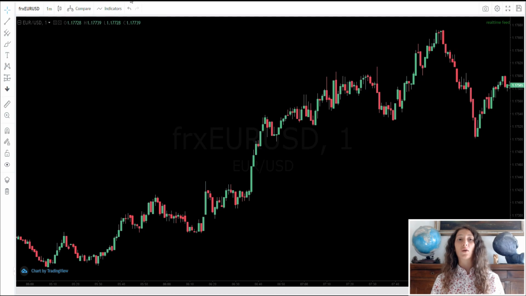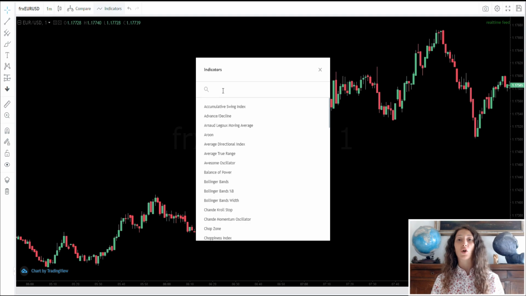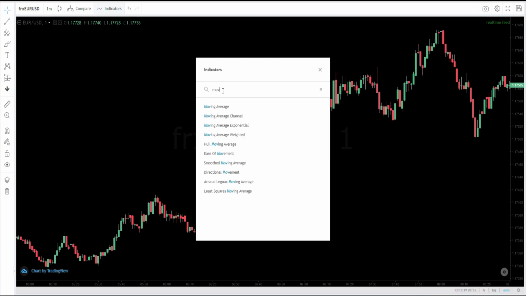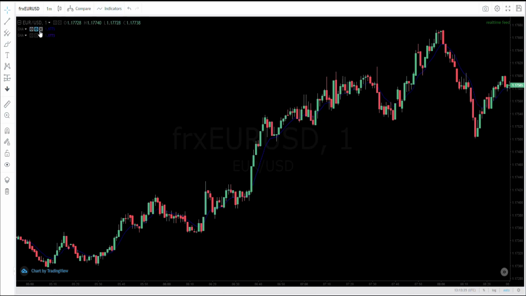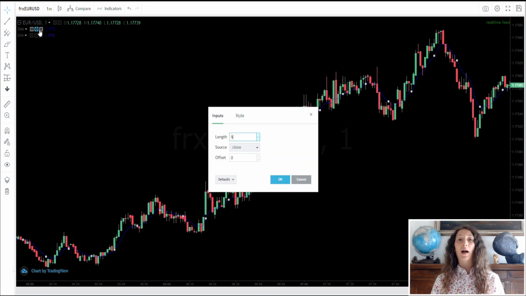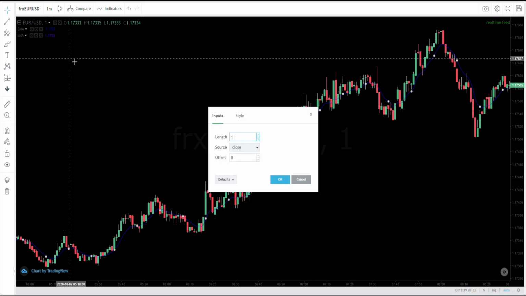Go to Indicators. In the search, write Moving Averages Exponential. Enter two moving averages and configure the parameters as per setup.